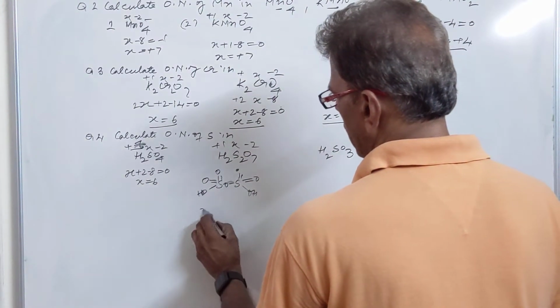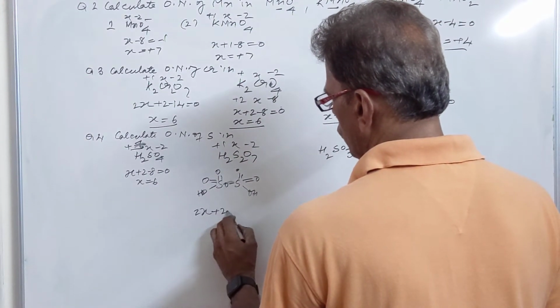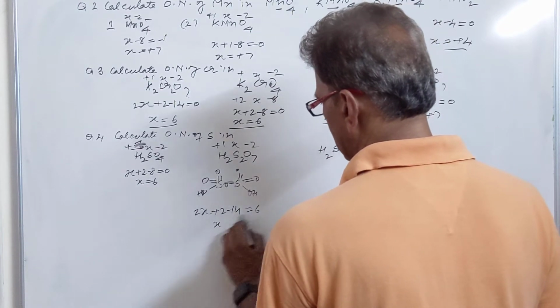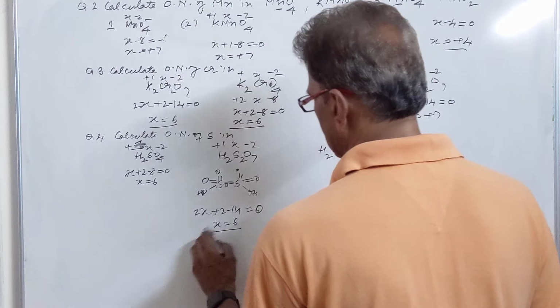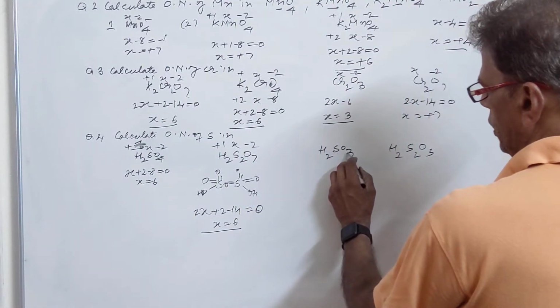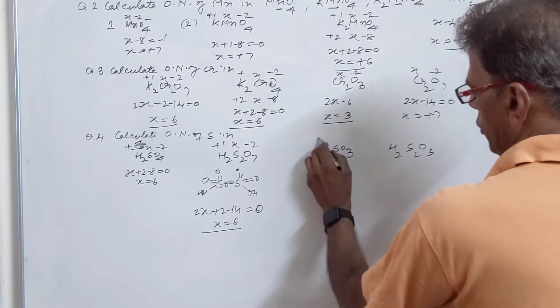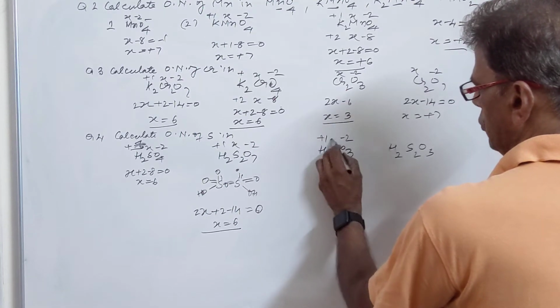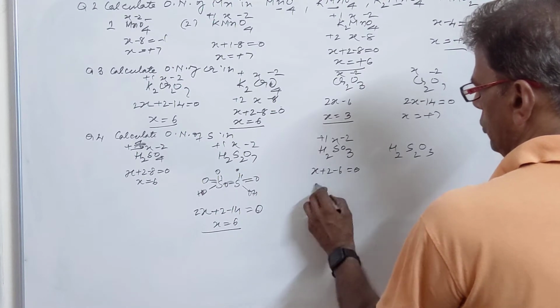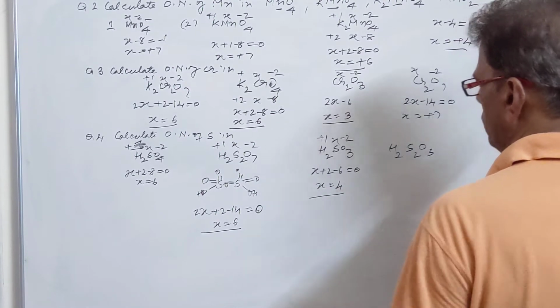So you will have 2x plus 2 minus 14, and x will be equal to 6. In H2SO3, the oxidation number is plus 1 for hydrogen, minus 2 for oxygen. x plus 2 minus 6 equal to 0, x will be equal to 4 here.